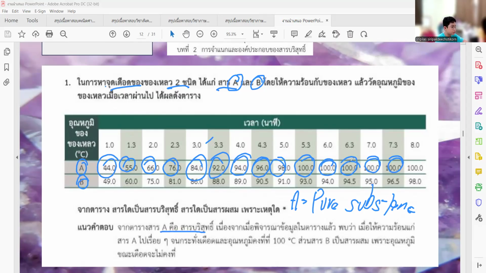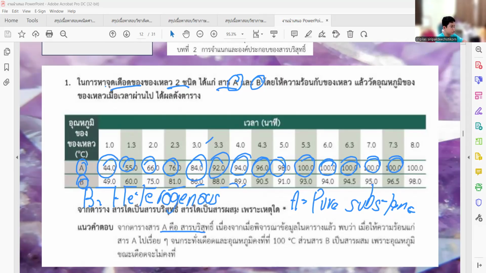If A was a pure substance, B is probably not. Look at this: 49, then it suddenly comes to 60, then 75, then 81, 86, 88, 89. It's not a pure substance. It's not constant. It's a heterogeneous substance.